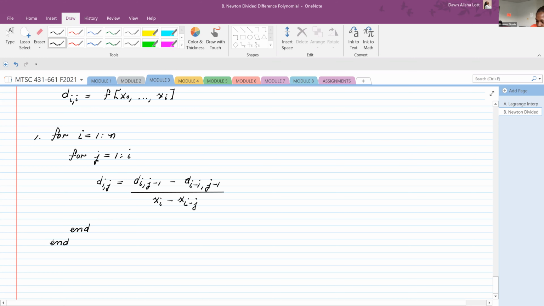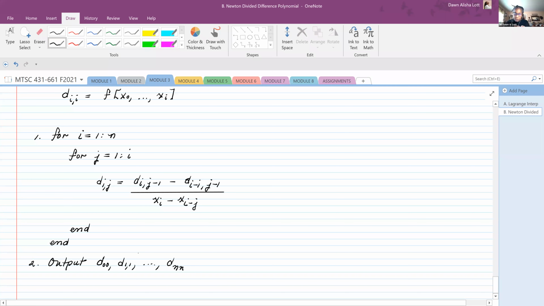And then you can output your d00, d11, all the way up to dnn. And then you can do your loop.